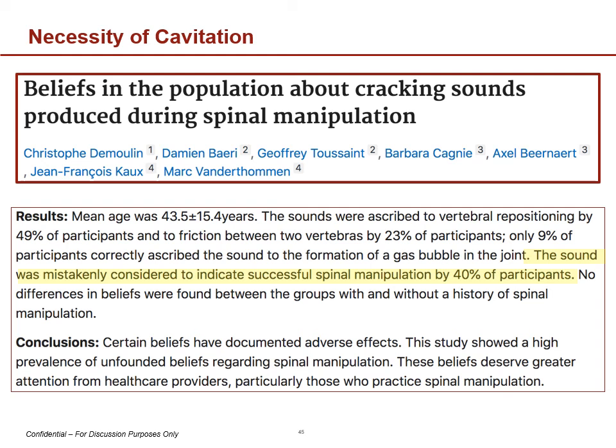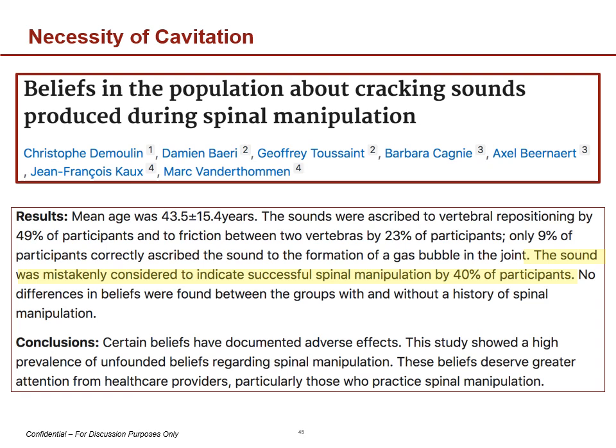So in this study, what they basically found was they asked participants what they thought that the sound meant. The sound was mistakenly considered to indicate successful spinal manipulation by 40% of participants.